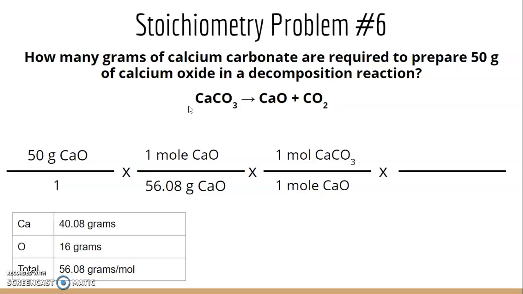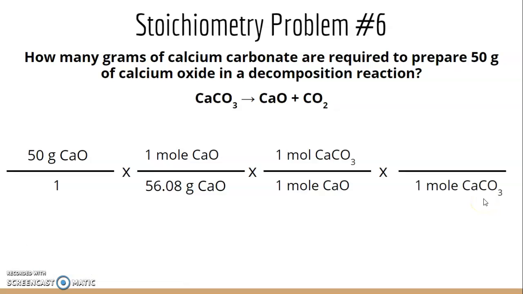Now, at this point, we've reached moles of calcium carbonate, but we want grams, so that means we have to go through one more step. And right here, since our units are moles of calcium carbonate, that means we're going to have to put moles of calcium carbonate right in our denominator as well. And we want grams of calcium carbonate, so that means we're also going to have to figure out the molar mass.